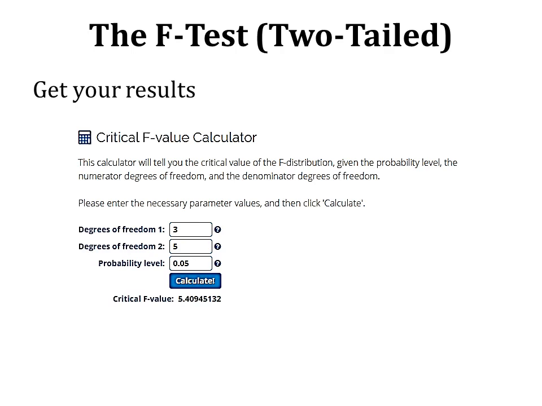So our result in this case is 5.40945132, which is the table value of F for the degree of freedom V1 3 and degree of freedom V2 5 and probability level of 0.05. Right, so this is the table value of F, or the critical value of F at these degrees of freedom and probability level.